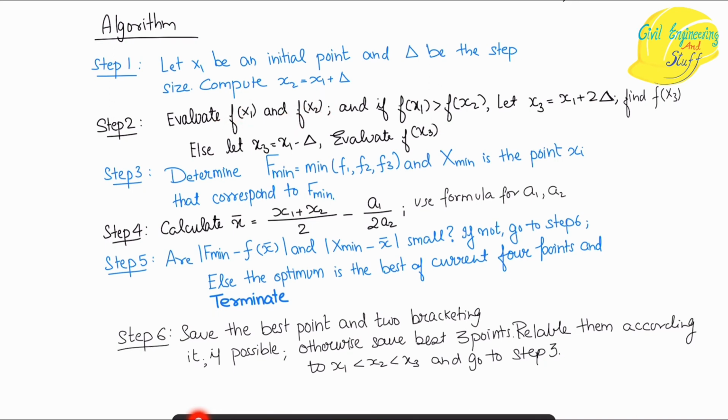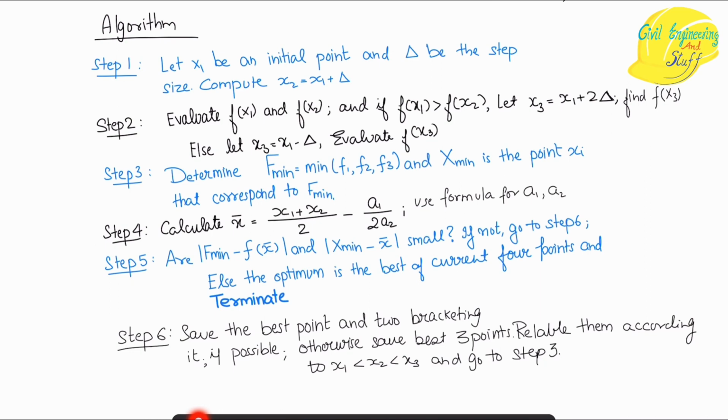If f(x1) is greater than f(x2), we compute x3, which is equal to x1 plus 2 delta, and then we find the function value. If f(x1) is not greater than f(x2), we take x3 equal to x1 minus delta, and we evaluate f(x3).